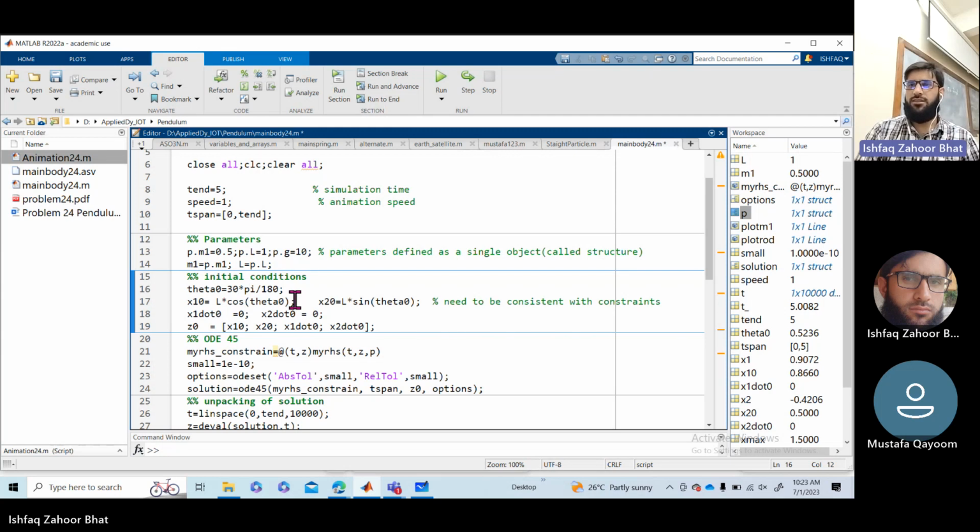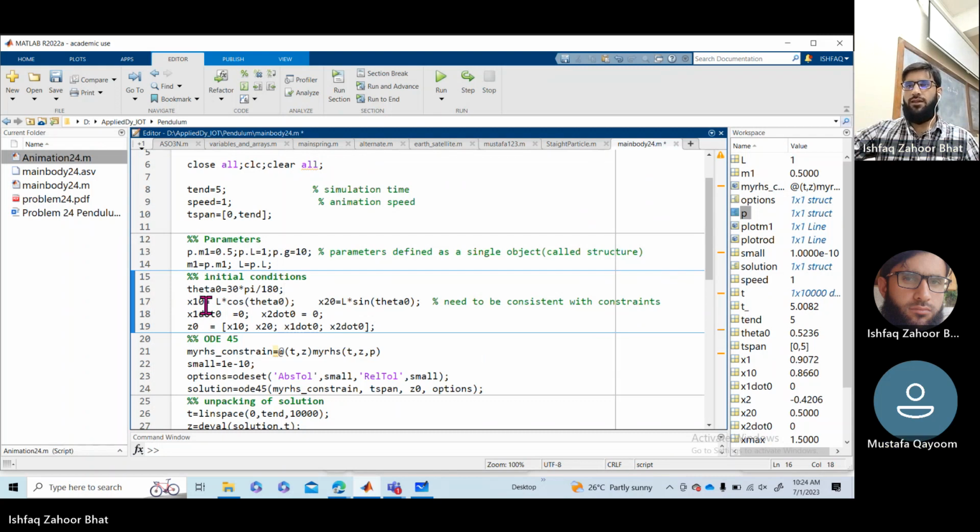If I take 30, you will know where the pendulum is. But if I take 30 in radians, you don't know where it is. That is why I am using 30 so that you know where the pendulum is. But in equations you can't use degrees, because radians are compatible with our equations but degrees are not. So I changed it to radians.